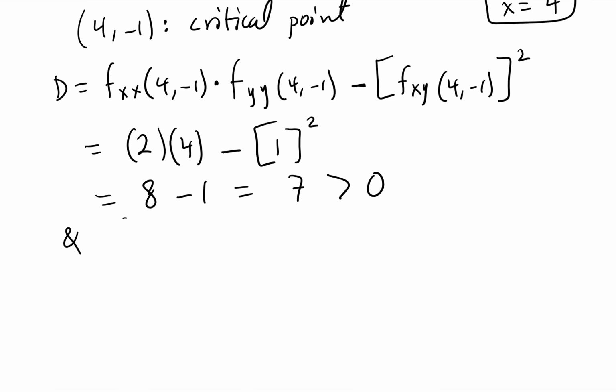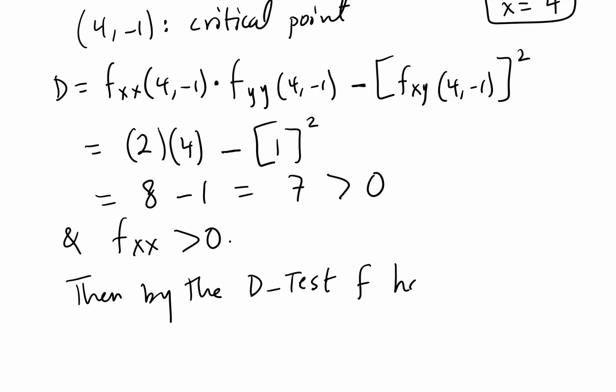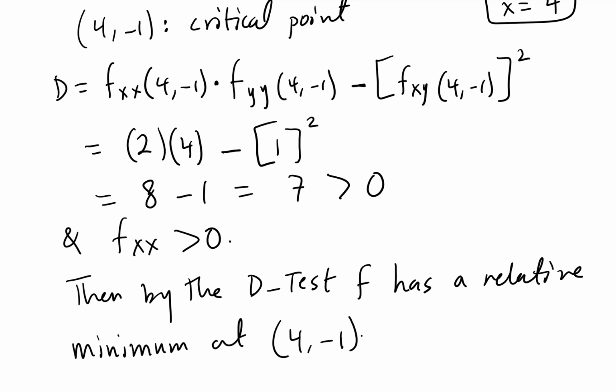So the D-test says, if both D and f sub xx are bigger than 0, then by the D-test, f has a relative minimum at that point, the critical point that we found.